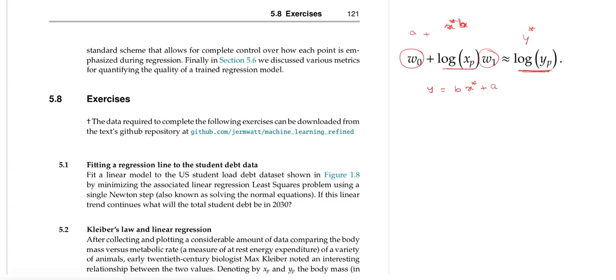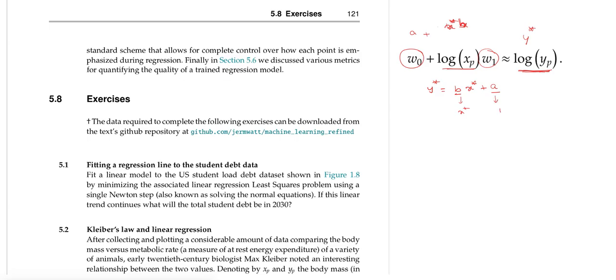In that, the unknowns are a and b, because y star and x star are already given. The coefficient of a is 1, the coefficient of b is x star.